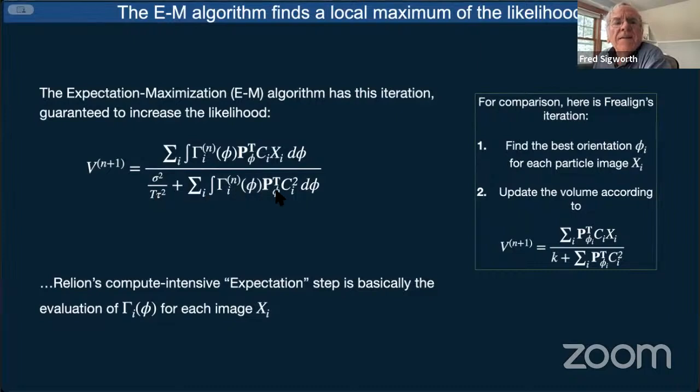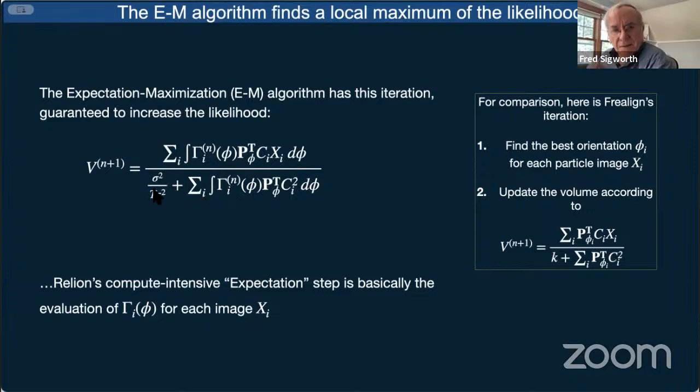And the denominator uses a similar kind of normalization. Remember, free align had CTF squared. Here we have CTF squared, but we're again doing the integration over all phi values using this gamma function.